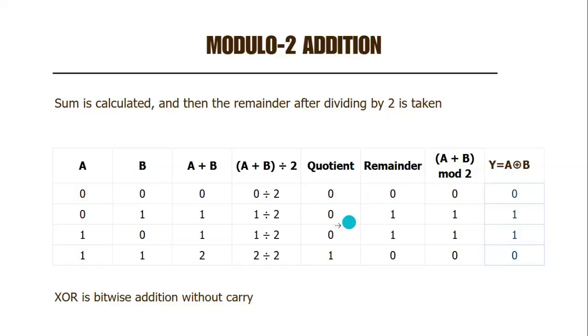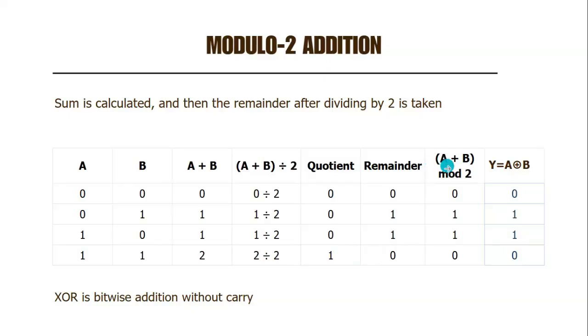Again we get 0 and 1 for the division of 1 by 2. And finally, when 2 is divided by 2, we get a quotient 1 and remainder 0, since 2 is divisible by 2.